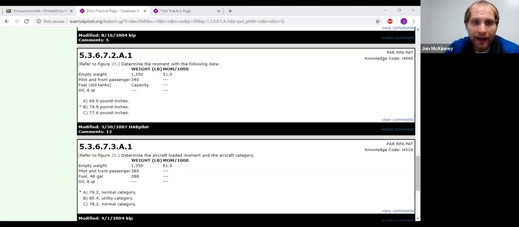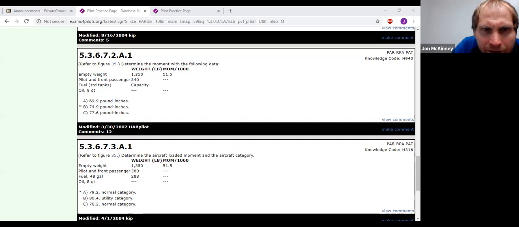So pilot and front passenger, and I can draw on this, so let's annotate. We said that we had 340 pounds. So over here is 300, there's 350, one box down would be 340, click, drag. Oh my gosh, it's not drawing a straight line at all. Clear it. Let's try drawing a straight line. Here we go. And 340, probably right there.